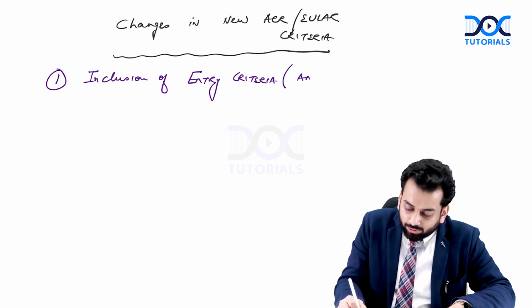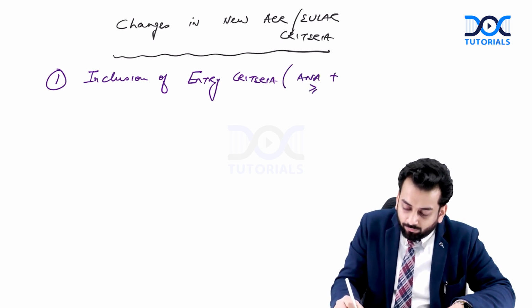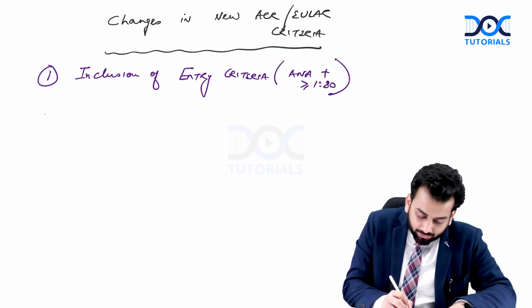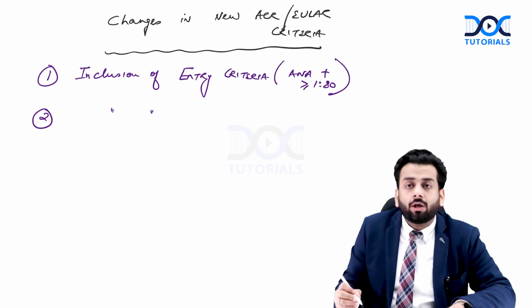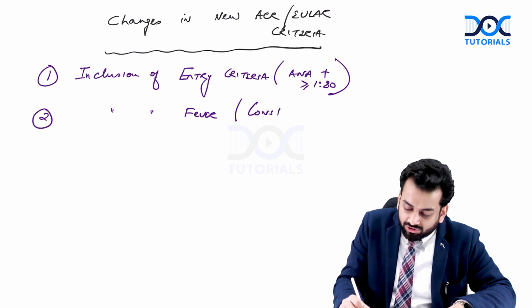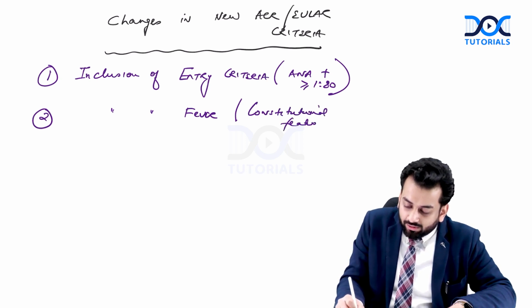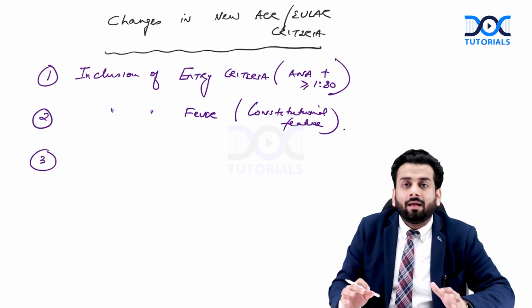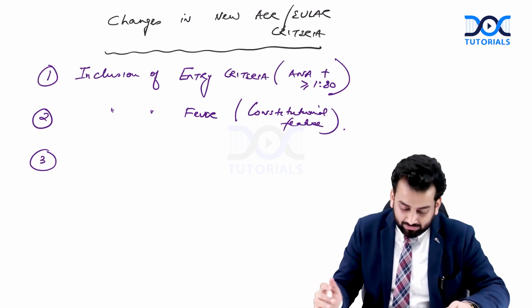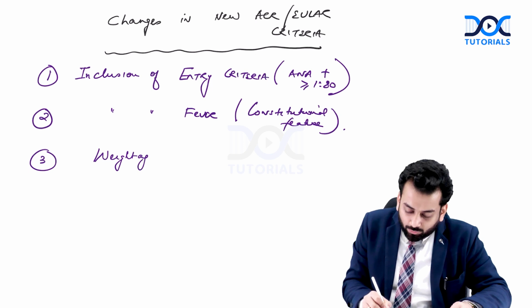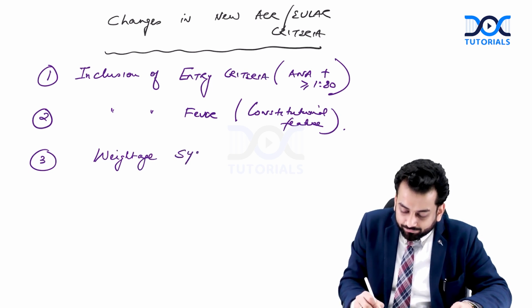That is an ANA positivity of more than equal to 1:80 titer on Hep2 cells. Very, very important. Number 2, there is an inclusion of fever as constitutional feature in the clinical domain. Number 3, each domain has been given points. So there is a weighted system which has been included, which was not there.